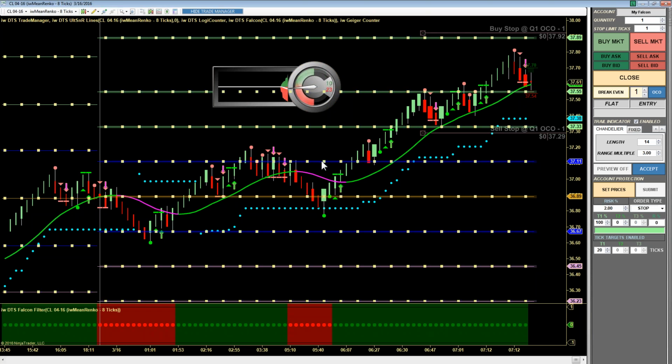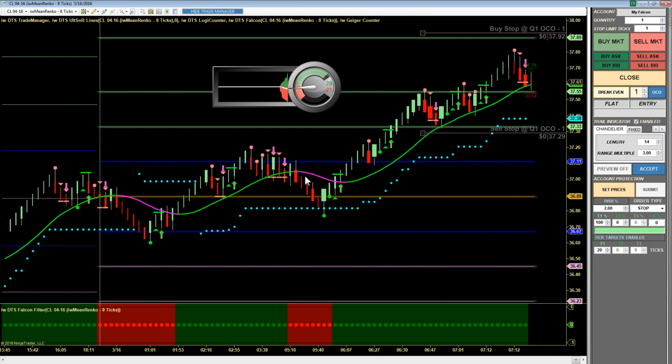We also have our support and resistance suite. So we can see, again, where the market is falling on those lines. And right now, a definite bullish flavor.